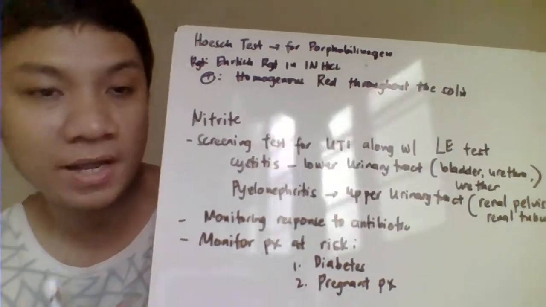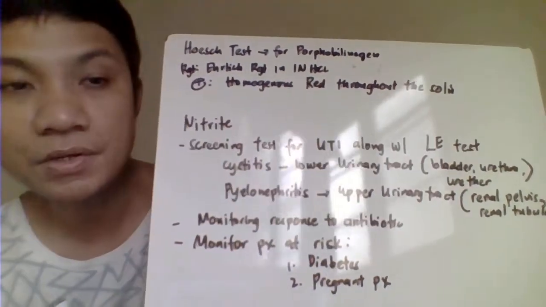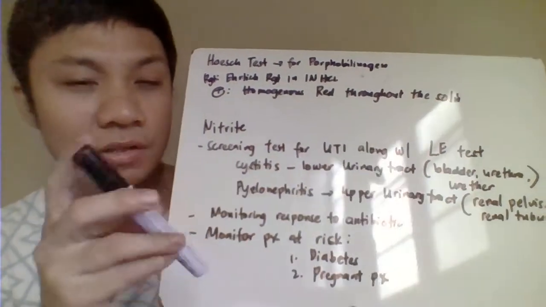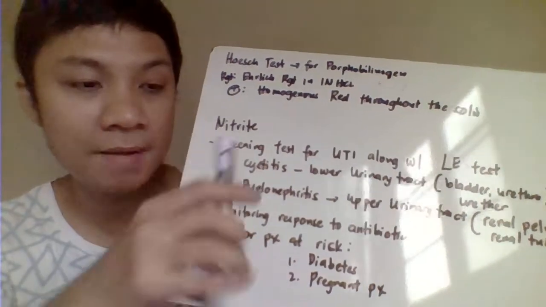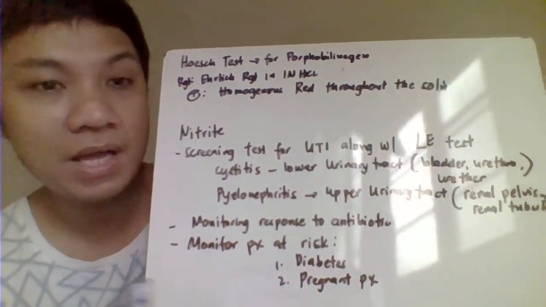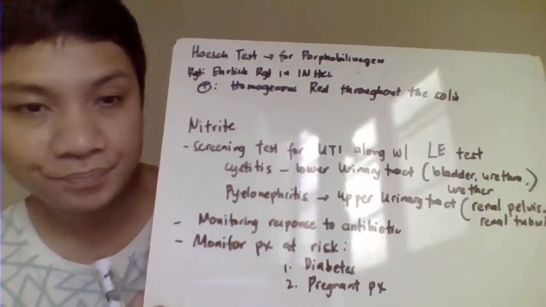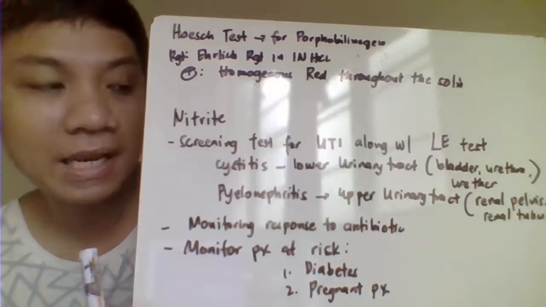A positive result would have a homogeneous red color throughout your solution. So when you mix it, it is red throughout. If positive, it will identify the presence of porphobilinogen. That's your Hoesch test. Okay, now we go to the next test pad.